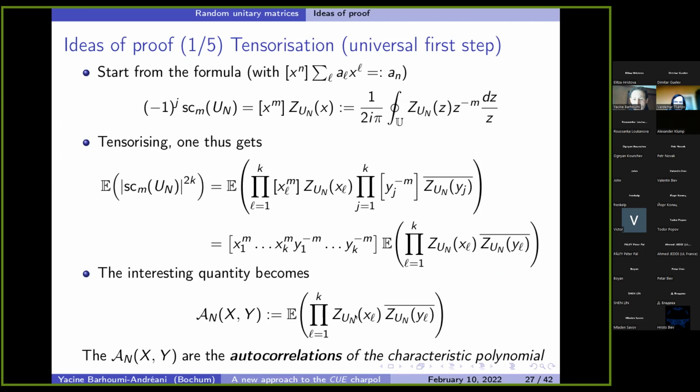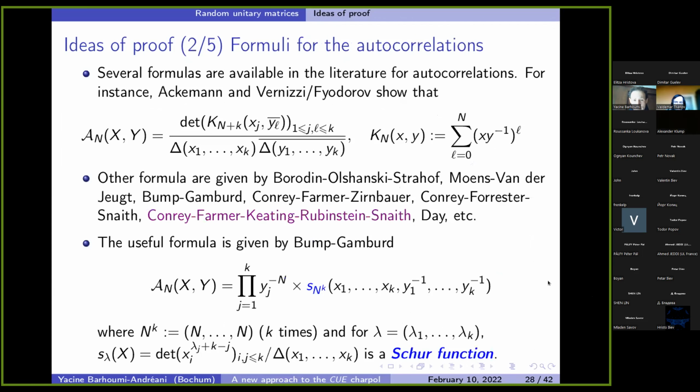And now you have to analyze this autocorrelation. You have several formulas for that. I give you one by Akemann, Vernizzi, or Fyodorov. This is a ratio of a determinant divided by a product of two Vandermonde determinants. You have lots of other formulas, Borodin, Olshanski, Strauss, etc. And this famous CFKRS formula that I will present at the end.